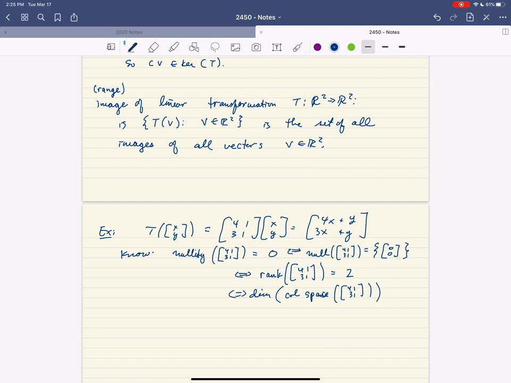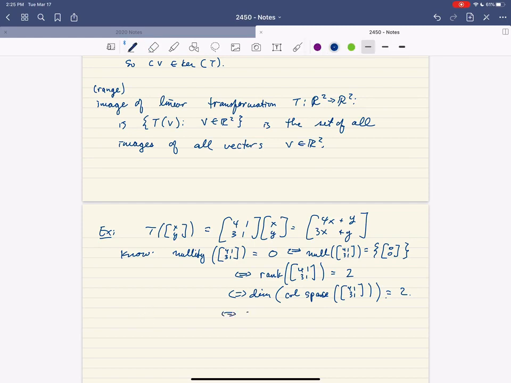If the columns span all of R2, think about what that means in terms of linear transformations. Let me add one or two more equivalences here.